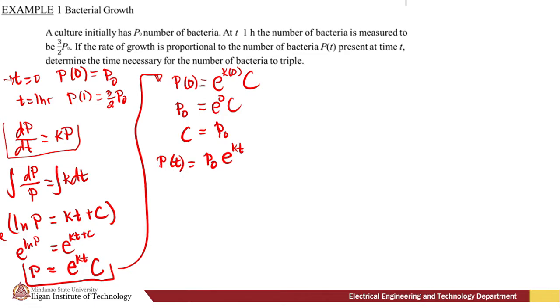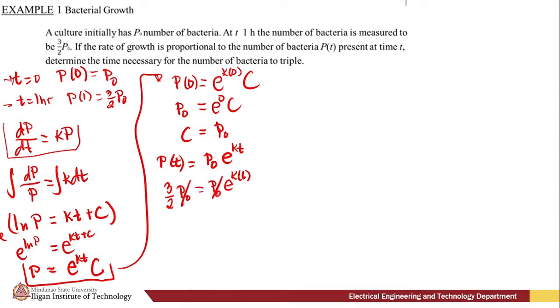Next, we have to find the value of our variable k. We are going to apply this second condition. At t equals 1 hour, the value of our population is 3/2 of the original number. So we have 3 over 2 P sub 0 equals P sub 0 e raised to k times the time, which is 1.